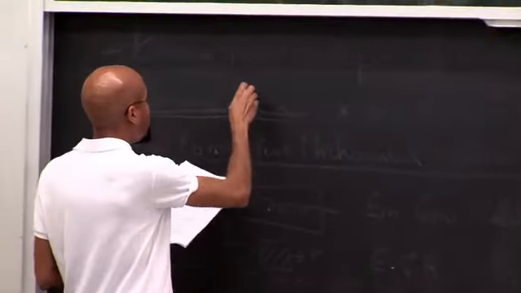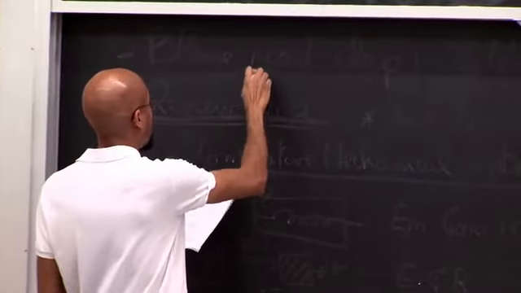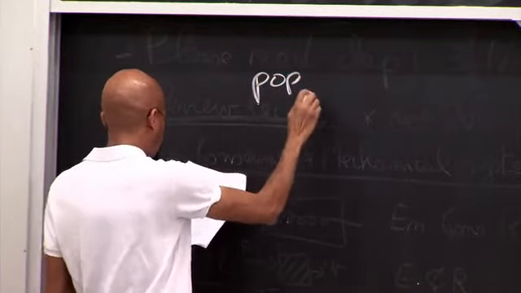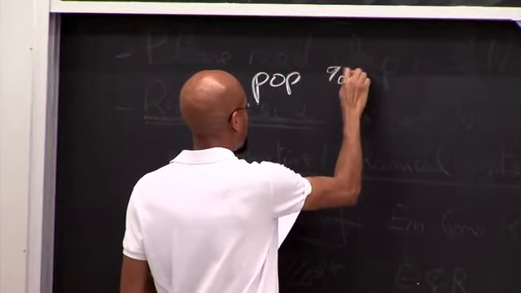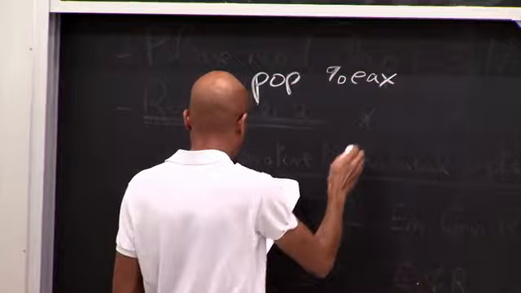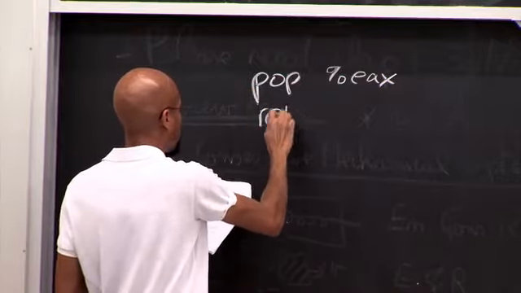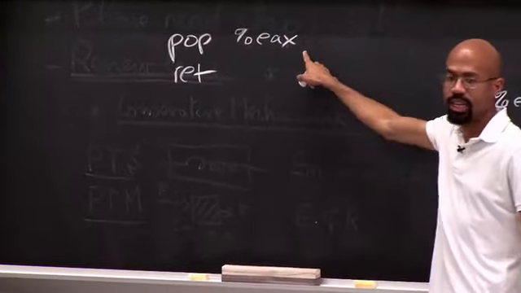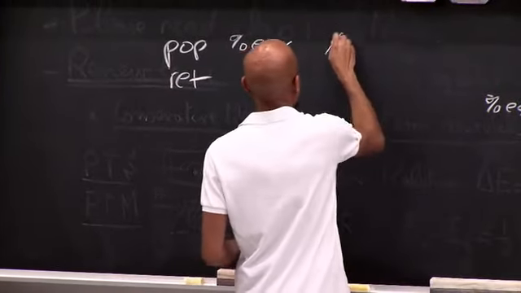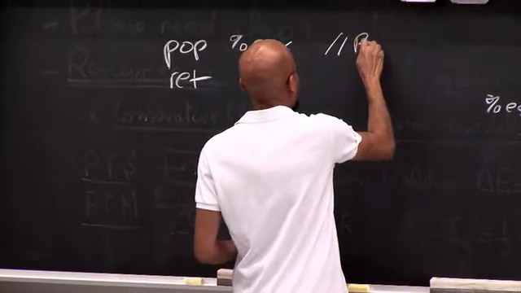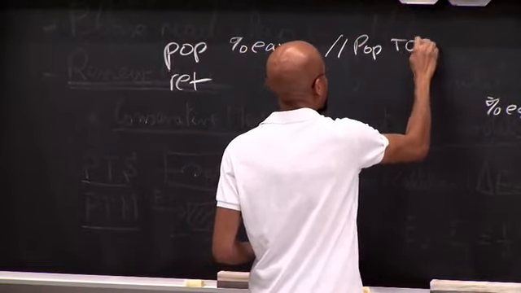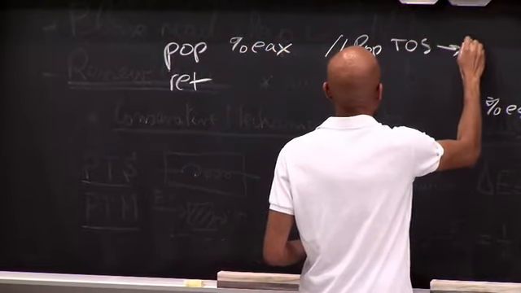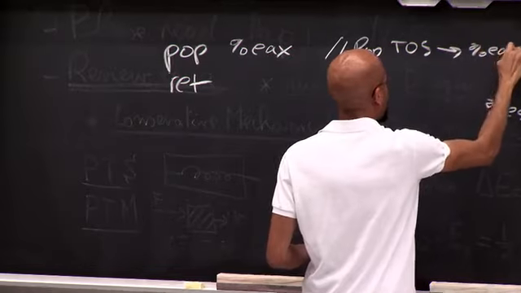So what we need to do now is find the address of these two opcodes. So what is this? This is pop into EAX. What does this do? This just takes the top of the stack and puts it into the EAX register.